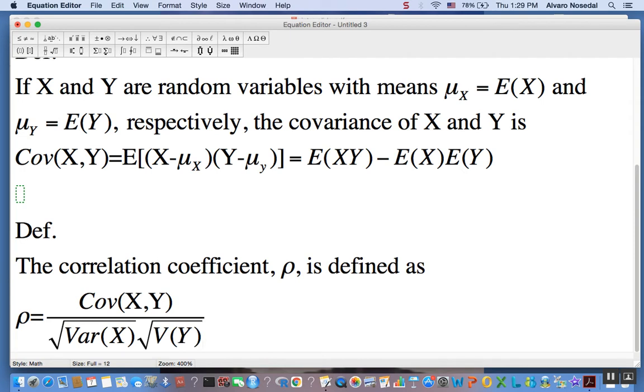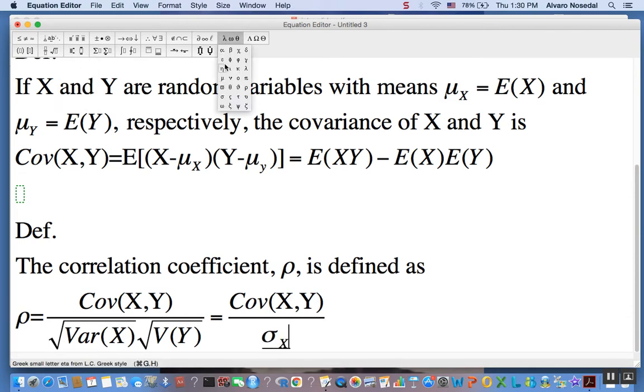Or if you will, we could write it like this: the covariance between x and y divided by sigma sub x times sigma sub y. Just different notation that you could see out there.